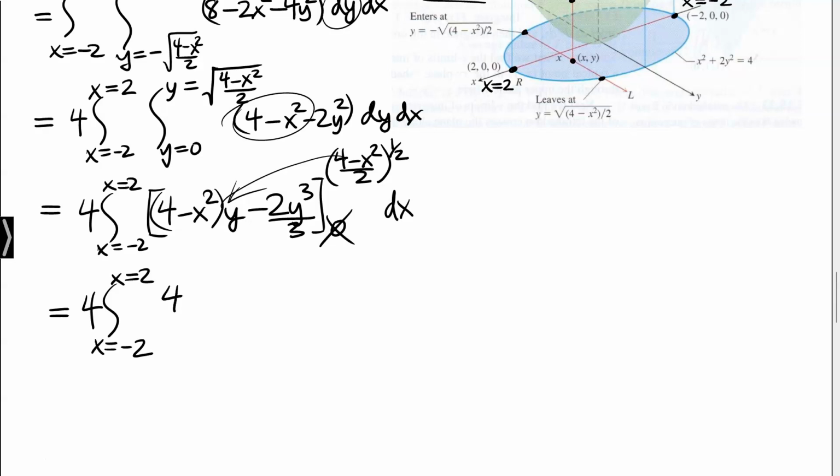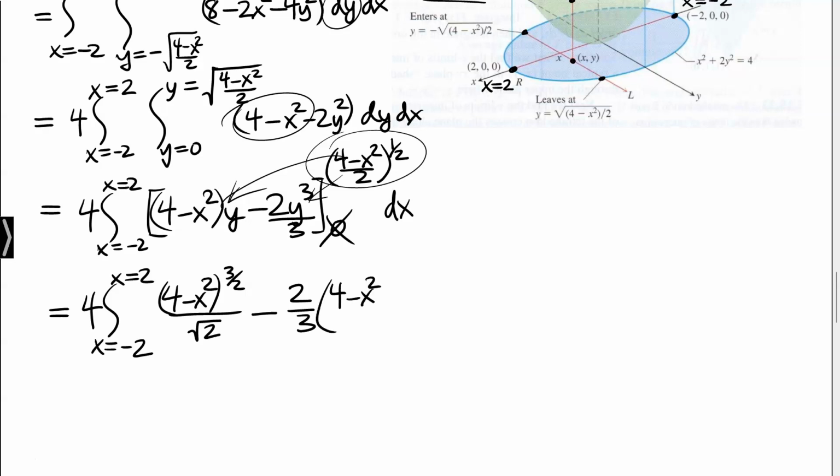So that's going to be 4 minus x squared all to the 3/2 over square root 2. Everybody okay with that? Substituting all this in for y. And then we've got minus 2/3, and when we substitute in here, it's going to be 4 minus x squared over 2 all to the 3/2.